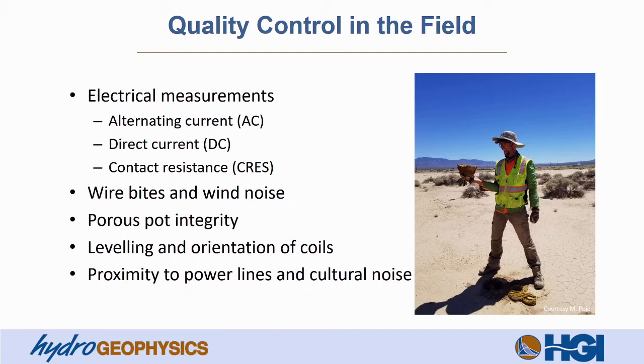Wires are regularly checked for any animal bites or potential wind noise interference in wire layout. Our field experts check the leveling and orientation of the coils as well. All attempts are made to locate AMT stations as far away from electrical or municipal infrastructure as possible.